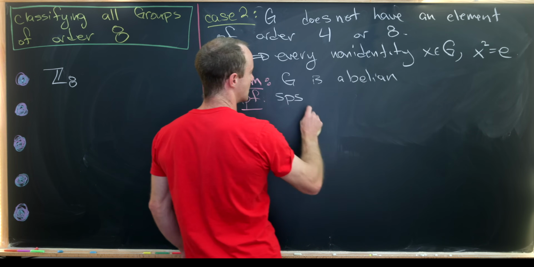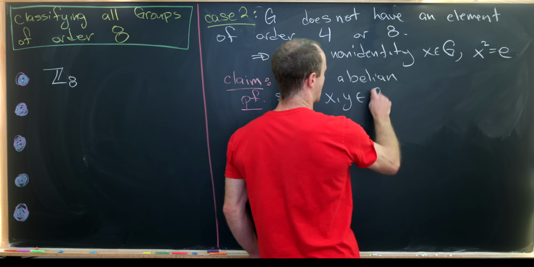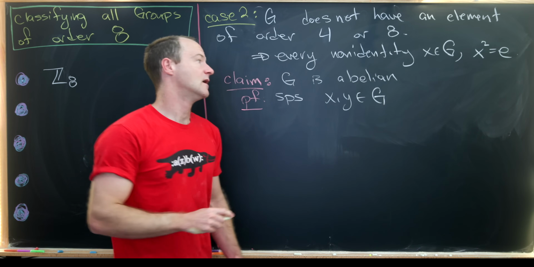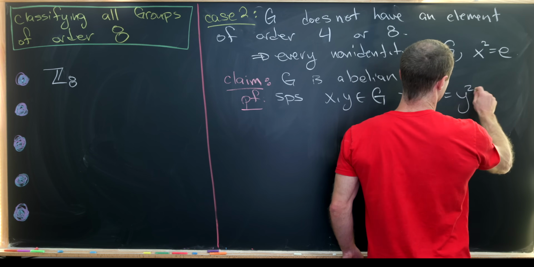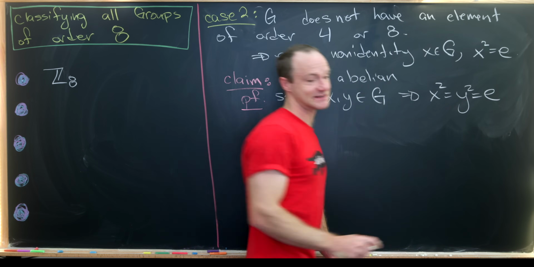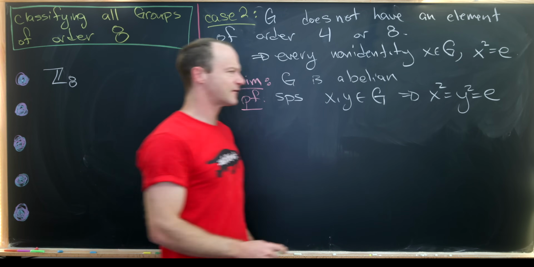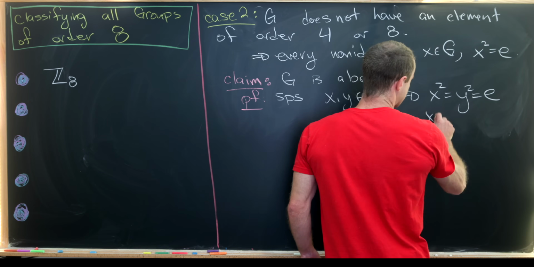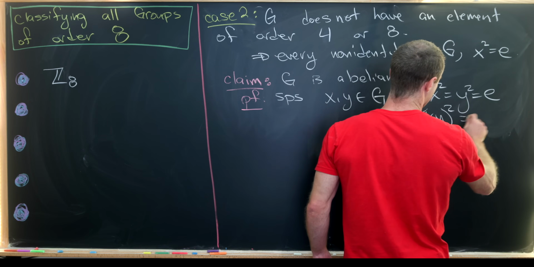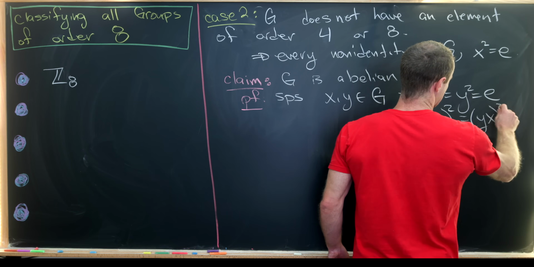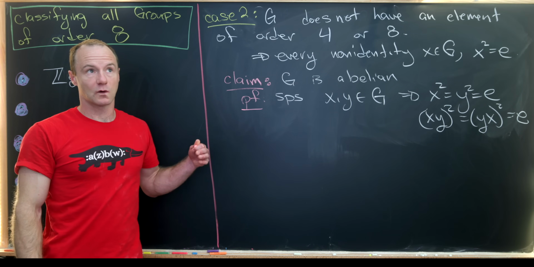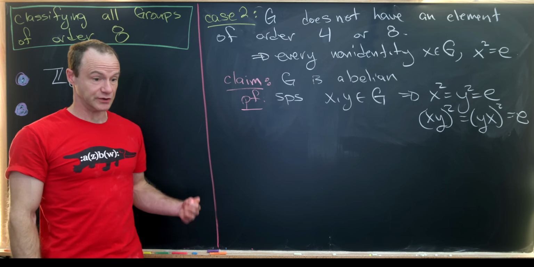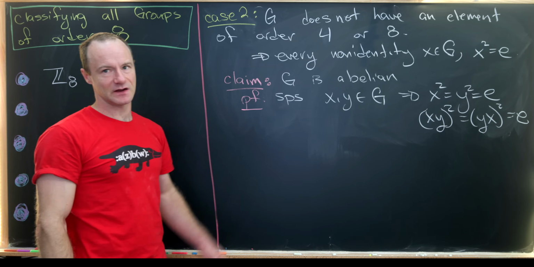Suppose that x and y are in G. That means that x squared is the same thing as y squared, which is the same thing as the identity. Furthermore, we know that (xy) squared is the same thing as (yx) squared is the identity. That's because everything has order 1 or 2, so if we square anything, we get the identity.